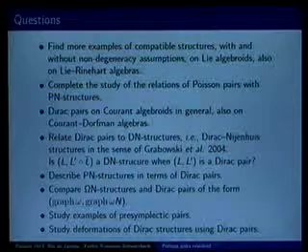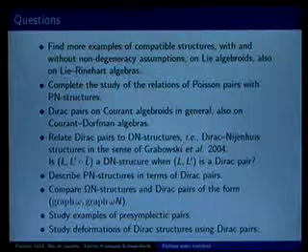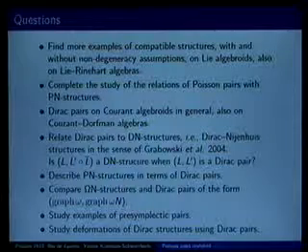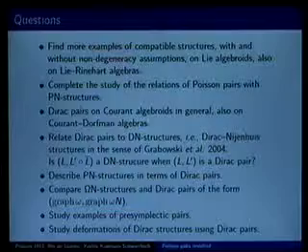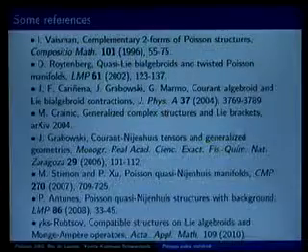In particular, if I have a Dirac pair in a suitable sense, and then I consider L prime composed with the inverse of L, is that going to be a DN structure? Okay, question, etc., etc. So my time is up.